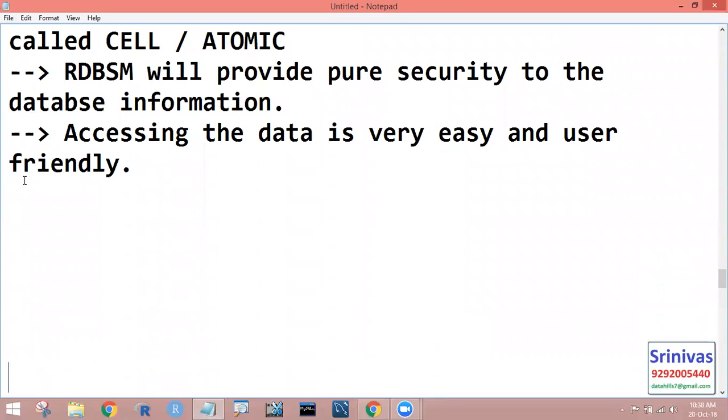RDBMS will provide sharing the database. Actually, it is not possible in the previous databases, but it is possible in this RDBMS.